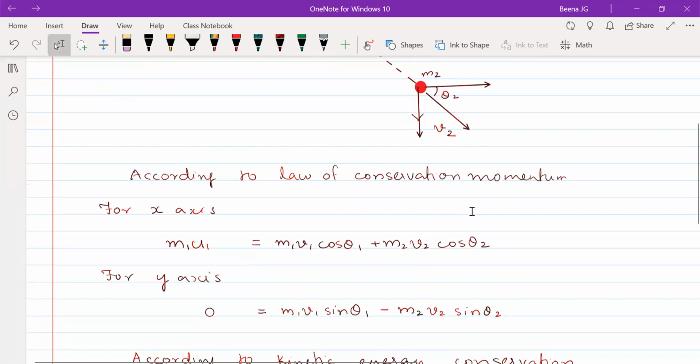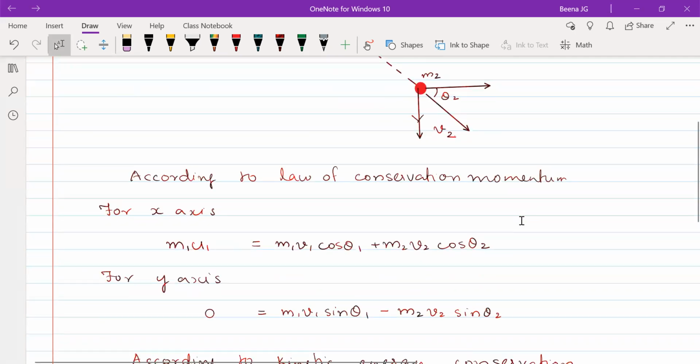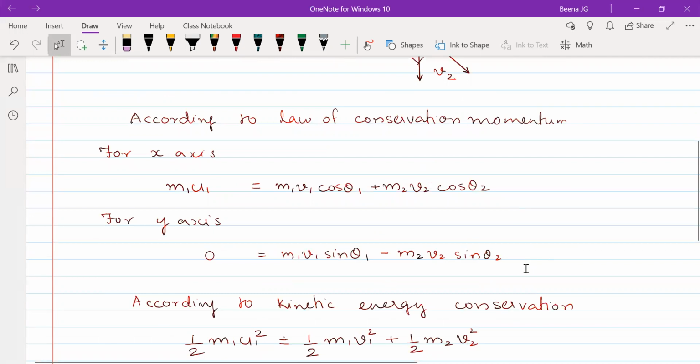Now, when you look at the equations, what we know is m1, m2, and u1; u2 is 0. But v1, v2, θ1 and θ2 are unknown. That means we have to find 4 variables: v1, v2, θ1, θ2. If you want to solve for one variable, you can do it with one equation.